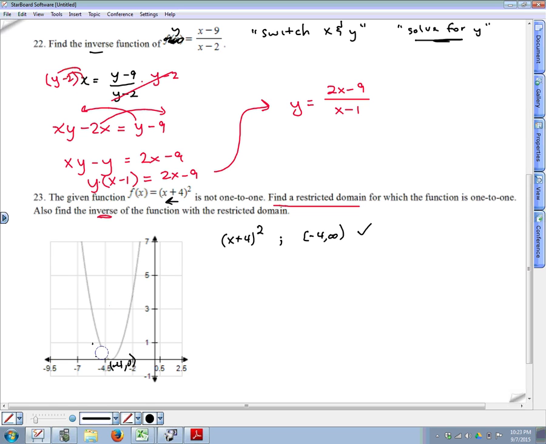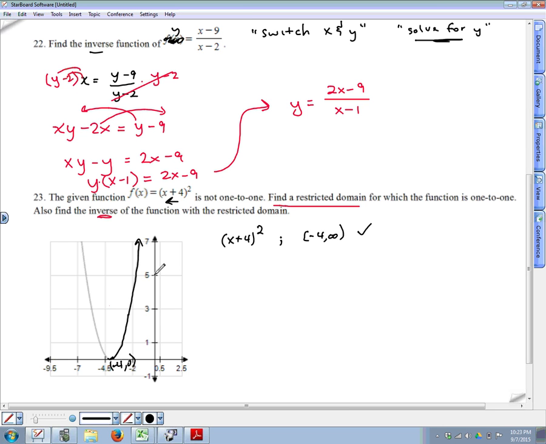We could also choose to use the left side of the graph and forget about the right side, so you can go from -infinity to -4. It is more common, though, when you're dealing with a parabola like this, to use the right side.